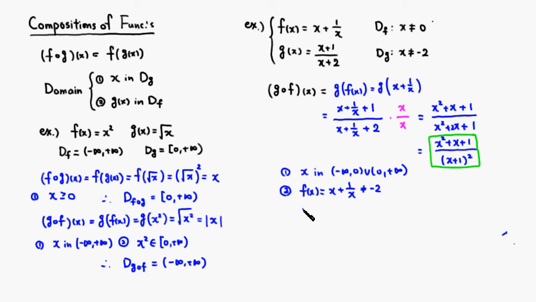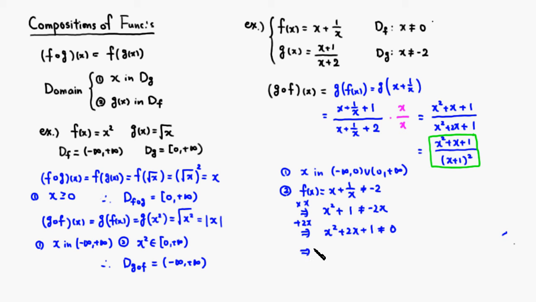So I'm going to solve this inequality, multiply by x. So we have x squared plus 1 cannot be equal to negative 2x. All right, then I'm going to add 2x to both sides. So you have x squared plus 2x plus 1 cannot be equal to 0.